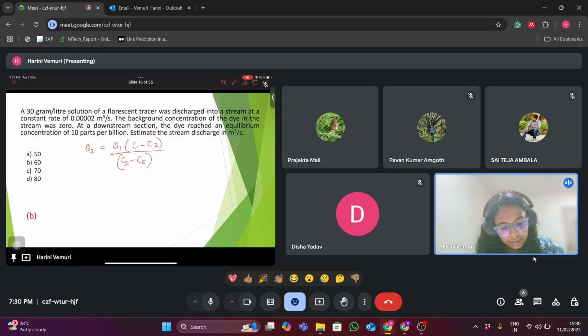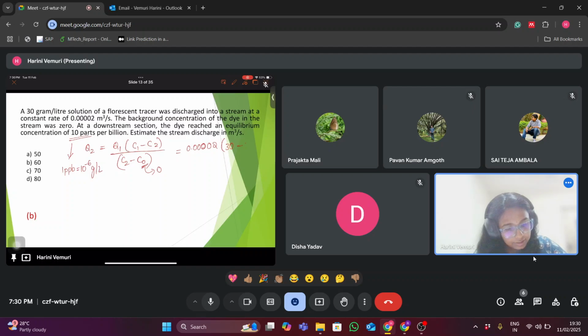Here they are saying that initially the concentration in the river is 0, and the flow Q1 has an initial concentration of 20 gram per liter, and finally there is a concentration of 10 parts per billion. 1 ppb is equal to 10 power minus 6 gram per liter.